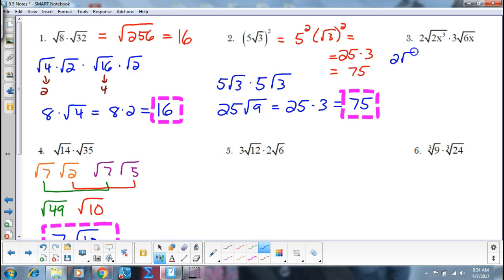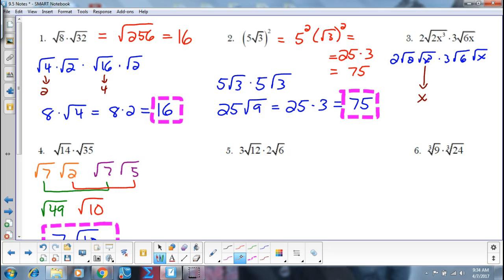2 square roots of 2 square roots of x cubed, 3 square roots of 6 square roots of x. Oops, even with bad x. Sorry, Megan. Didn't lift up enough. So this one becomes x.